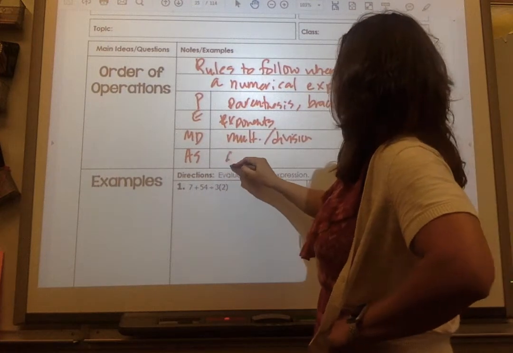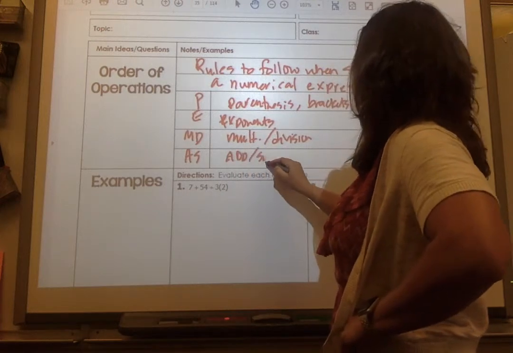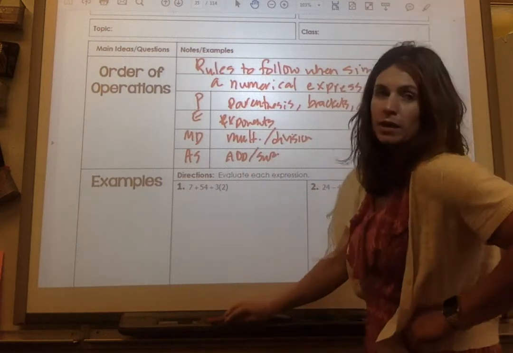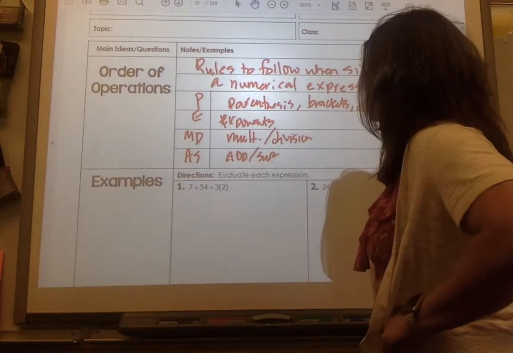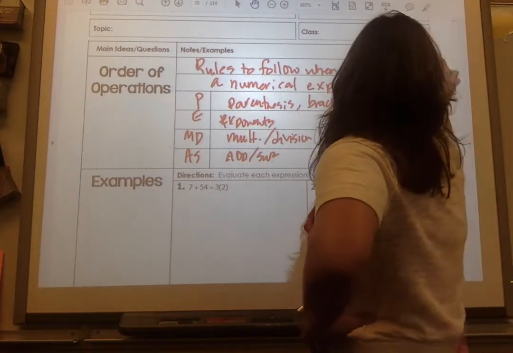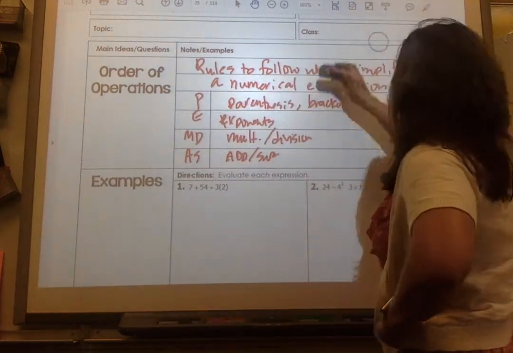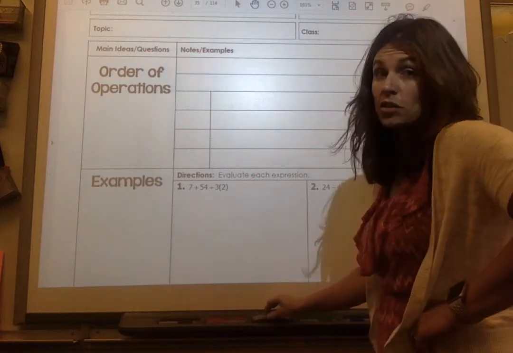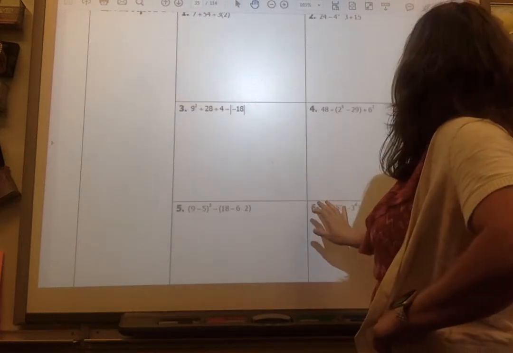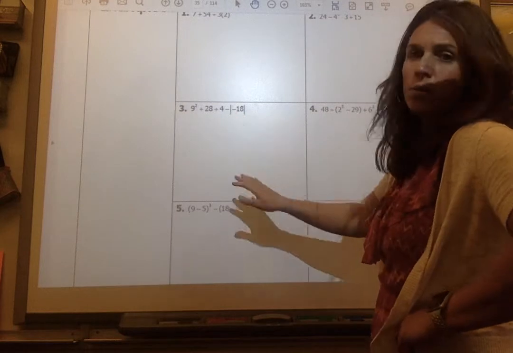And AS stands for addition and subtraction. So that stuff should be the same as it always has been. I'm going to jump to the more difficult ones of order of operations since this is just a review for you guys. So let's jump down to number 3.